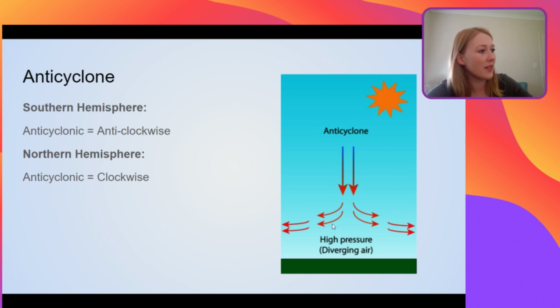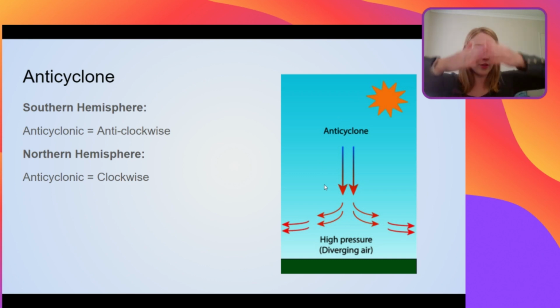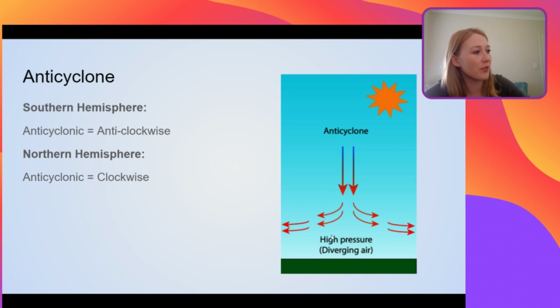It is diverging when it gets to the bottom, and because it's pushing on the ground, it's placing pressure on the ground. So you have a high pressure system over here, and you have air diverging, so pushing apart. Another thing you'll notice with the lovely sun over here is that you've got clear skies, no clouds.